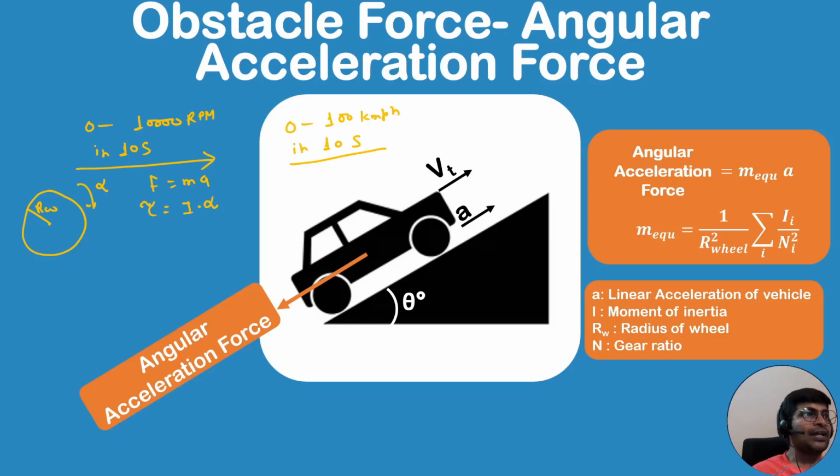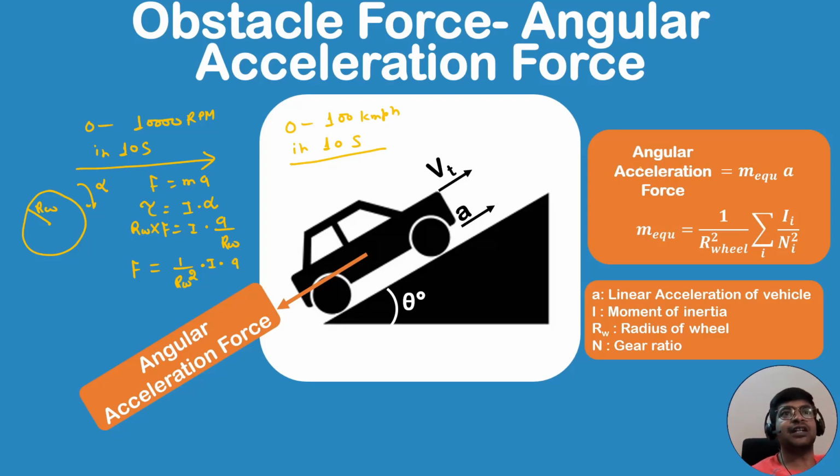Now we can replace the torque with this formula, which is rw multiplied by F is equal to inertia multiplied by angular acceleration, and the angular acceleration we can replace by the linear acceleration divided by rw. So now the force will be equal to 1 by the square of the wheel radius multiplied by inertia multiplied by a.